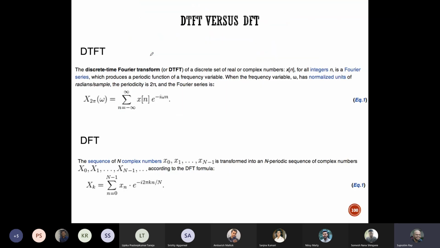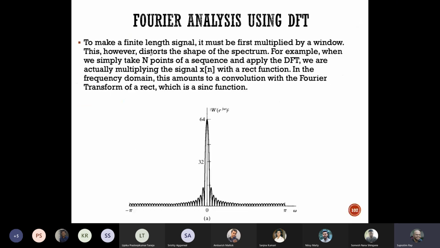So the distortion that we are talking about is a convolution with the Fourier transform of the rect function, which is this. So even when you think you're not multiplying the signal with any other window, you are actually multiplying the signal with the default window, which is a rect function, whose Fourier transform looks like this, the amplitude of the Fourier transform.